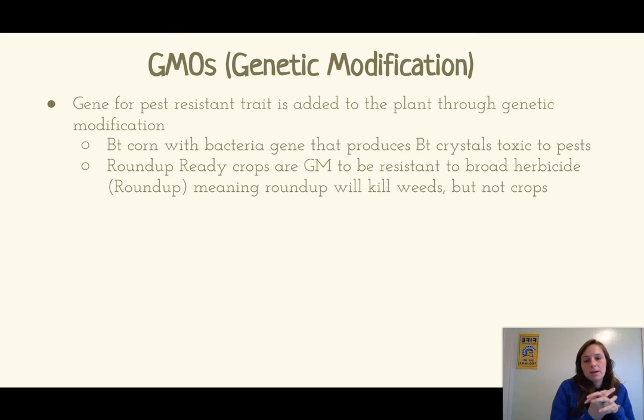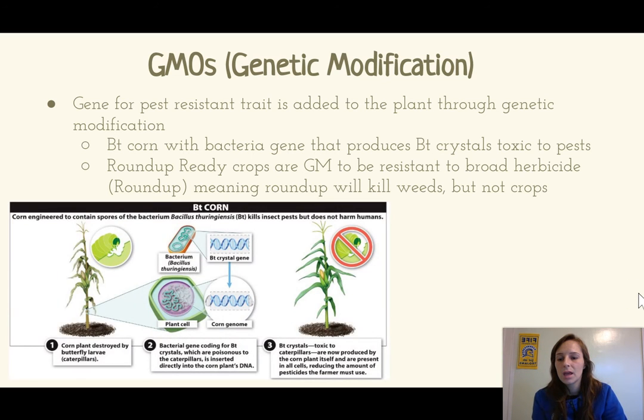Another type of very common GMO is what's called Roundup Ready crops. And they're genetically modified to be resistant to a broad herbicide, Roundup, which means that you can spray it on your crops and it will kill all the weeds, but it won't kill any of your crops because they have natural protection from them.